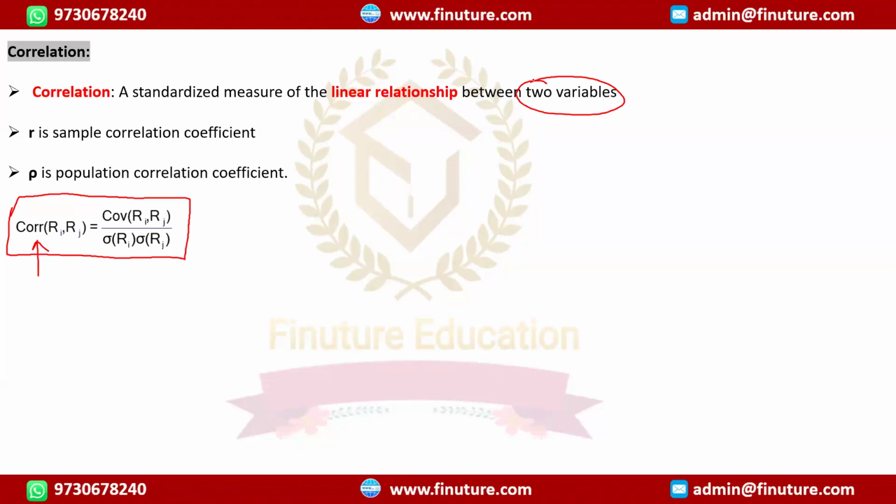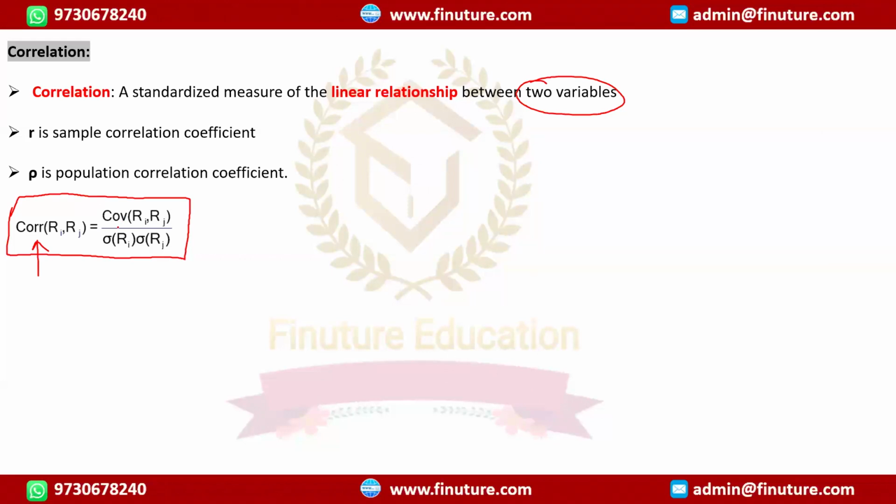If my salary is going up, my eating habits are going bad day by day, and my health is going down. Any two variables which head in opposite directions have a negative correlation. Does it make sense? Will you remember these two examples? Okay, so that's correlation.